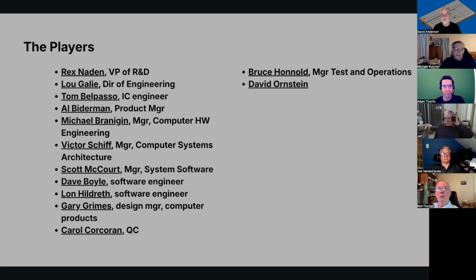These are some of the names you're going to see. I'll share this out after the meeting because these are links, like this one goes to a page I have about Rex Naden, and all of these underlined names link off to something.